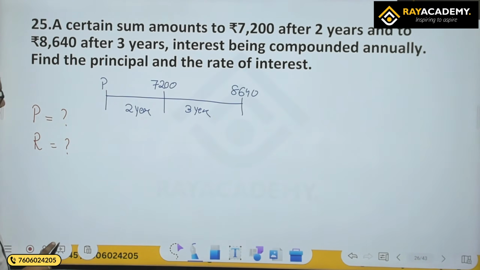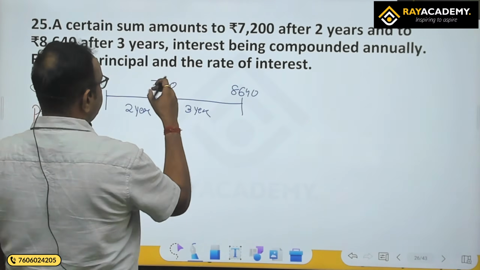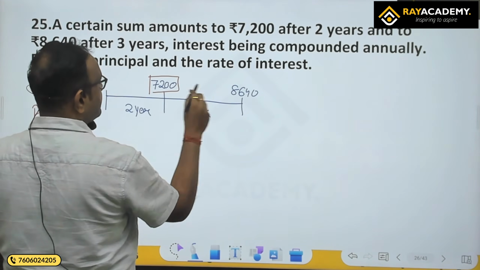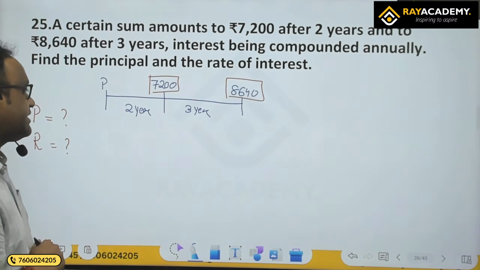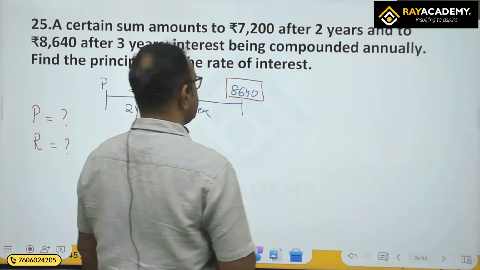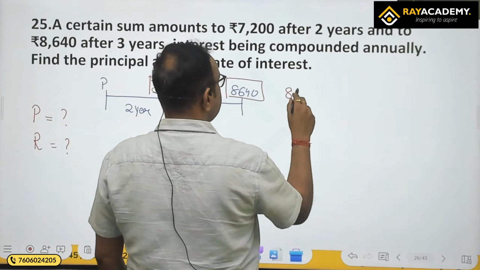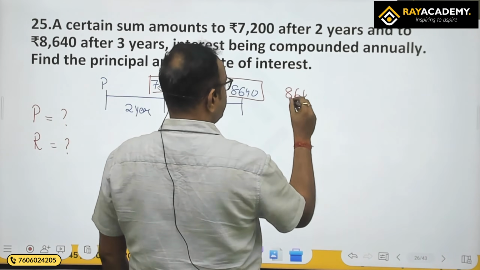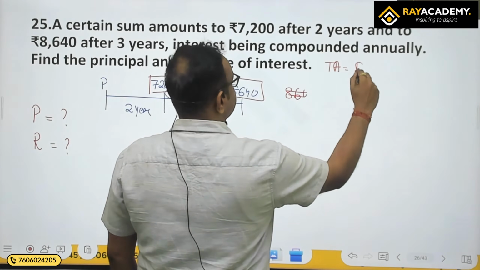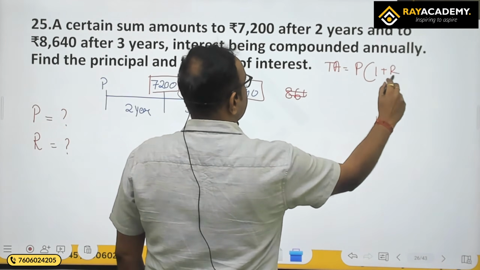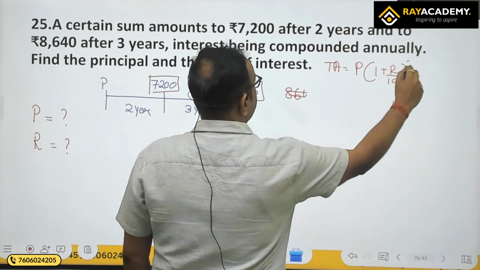Okay. So if you see, 7,200 becomes 8,640 in 3 years. It is compounded. So what we can say? The total amount is principal into 1 plus r by 100 to the power n.